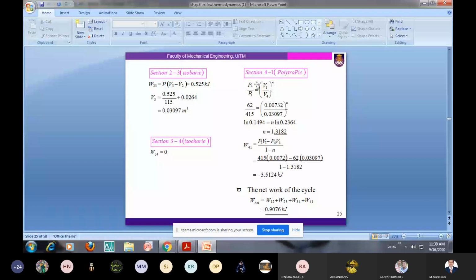Then we can have the equation P final by P initial equal to V initial by V final to the power n. We don't know the value of n, but we know the values of P4, P1, V1, V4.